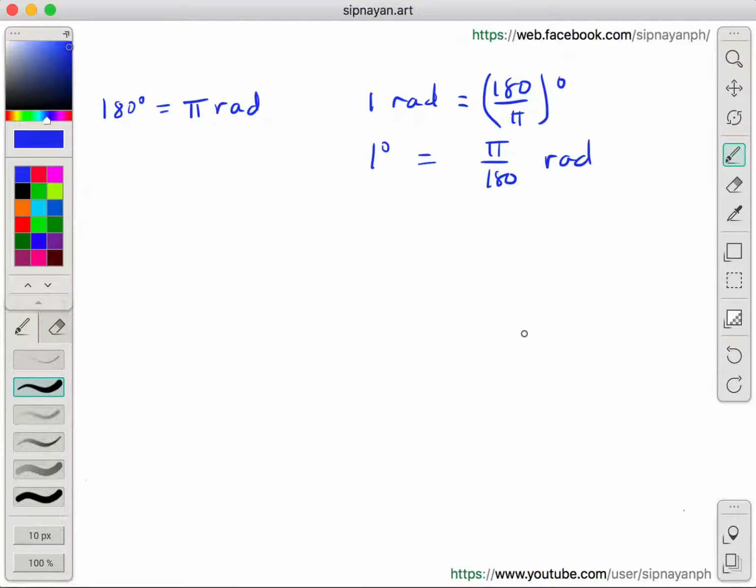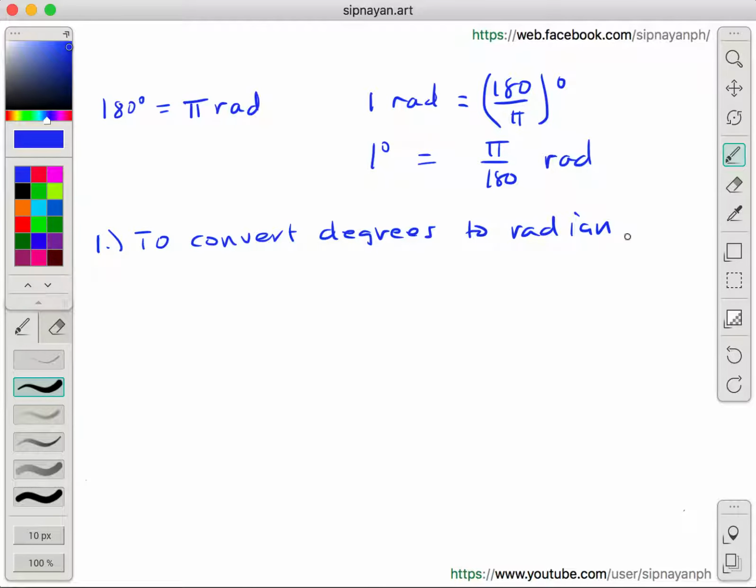Okay, so ibig sabihin niyan, to convert degrees to radians, pag 5 degrees, we multiply 5 degrees by pi over 180.